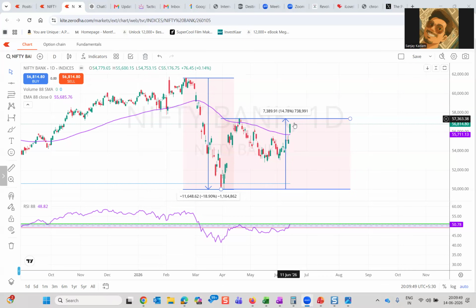So if this control point is broken, definitely the next line of action we need to consider. If this is not broken, then we are going to continue like this fall. But as I said, something has happened in the market in the last week, which was not known before, and that runtime change should have some effect on the market.